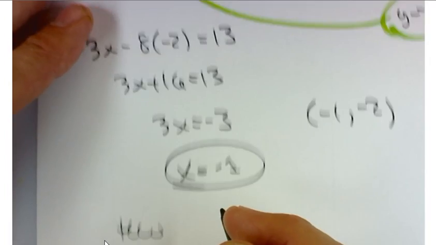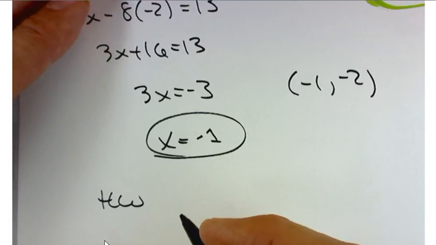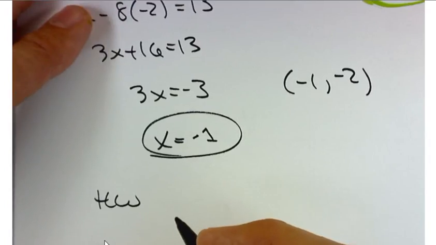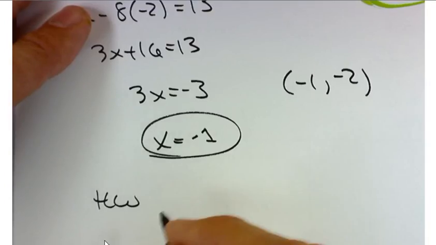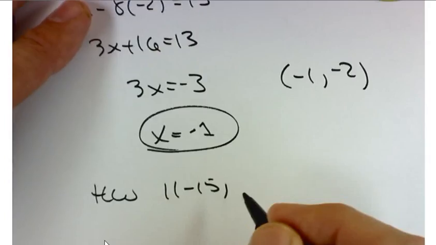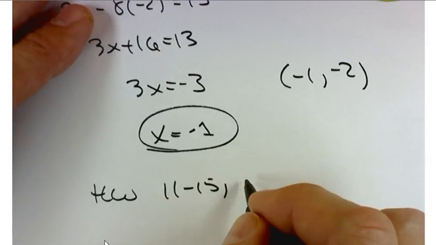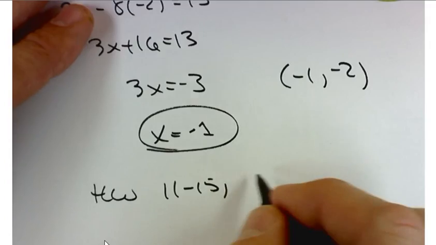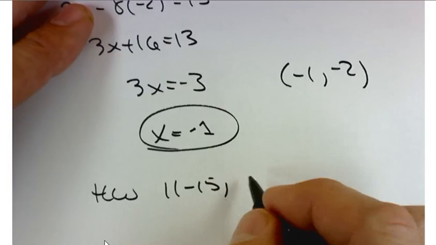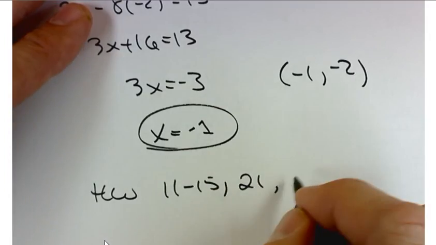So, for homework, try problems 11 through 15. You should probably do one of these maybe by graphing. So maybe we'll do 21. 23 through 25.